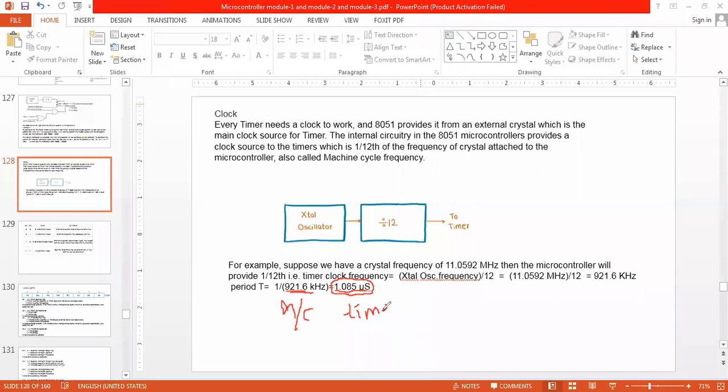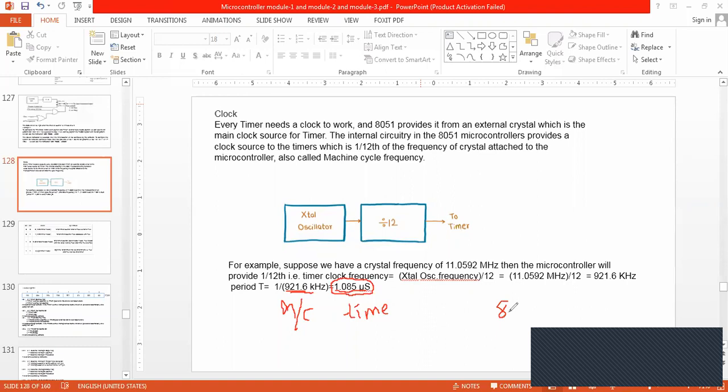The 8051 ALU will execute one instruction in one machine cycle.